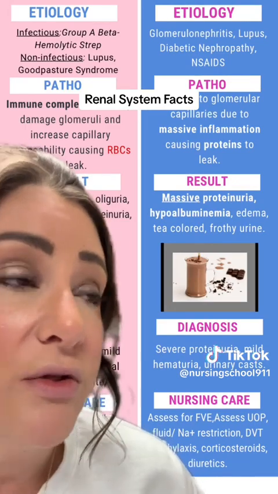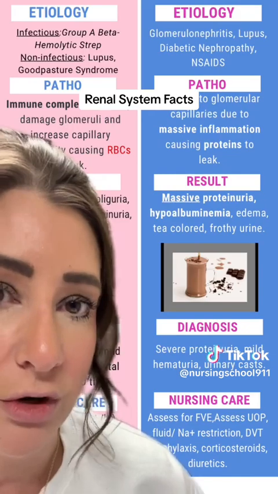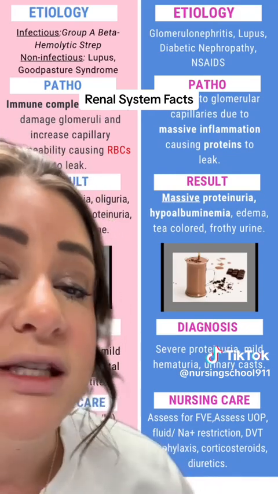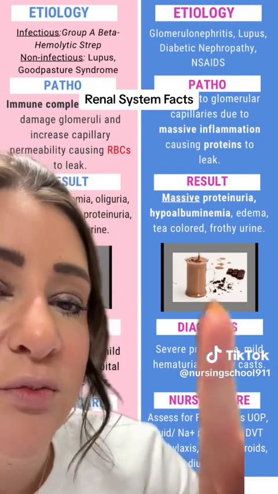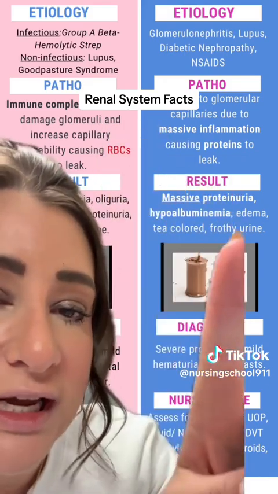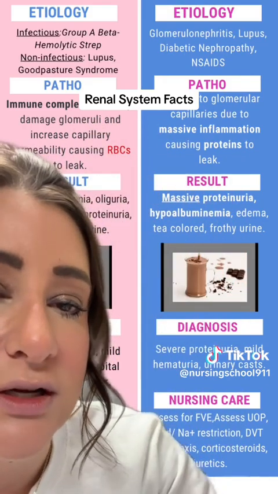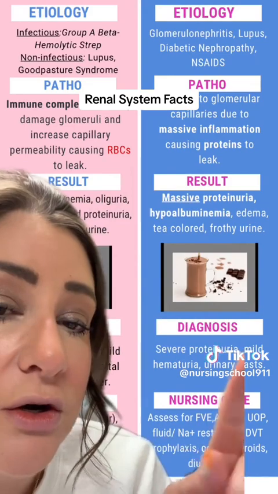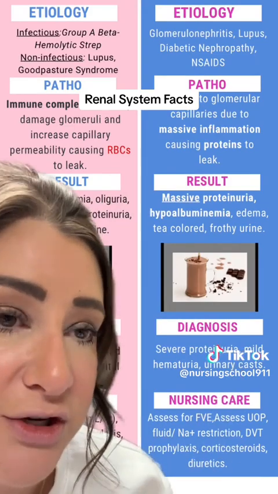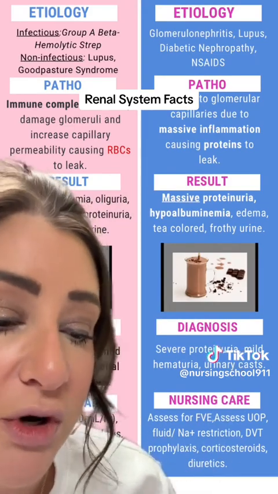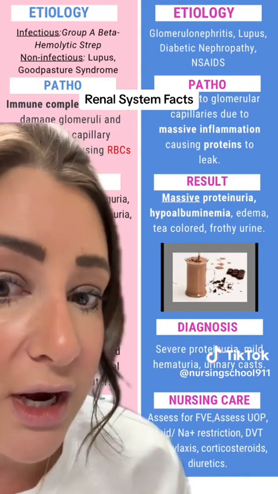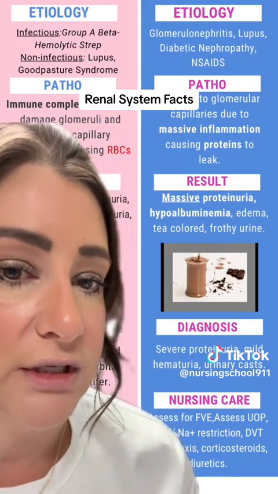All right, so now this massive inflammatory response that has been triggered is going to cause massive leak of proteins. So proteins versus red blood cells, okay? So the result here is going to be massive proteinuria. We are losing so much protein, like over 3 grams of protein a day being lost in the urine.